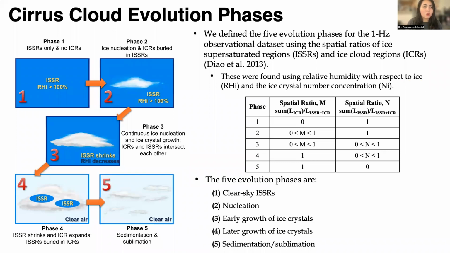And you can see these spatial ratios in the table shown below. So let's go over these 5 evolution phases. Phase 1 is clear sky ISSRs. Phase 2 is nucleation. Phase 3 is early growth of ice crystals. Phase 4 is later growth of ice crystals. Phase 5 is sedimentation/sublimation.